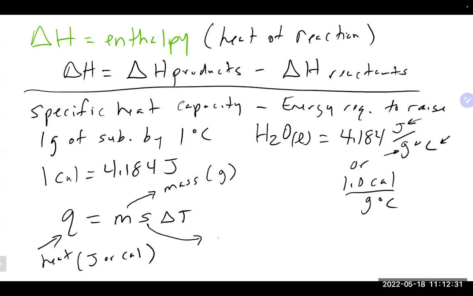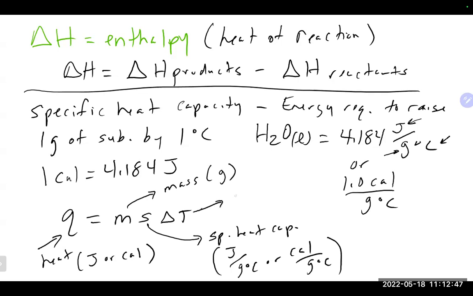S is our specific heat capacity, which has units of joules per gram per degree Celsius, or calories per gram per degree Celsius. And obviously our change in temperature here is our final temperature minus our initial temperature. And this is one of the very few things in chemistry where we actually do keep the temperature in Celsius, because the specific heat capacities are usually given to us in Celsius as well.